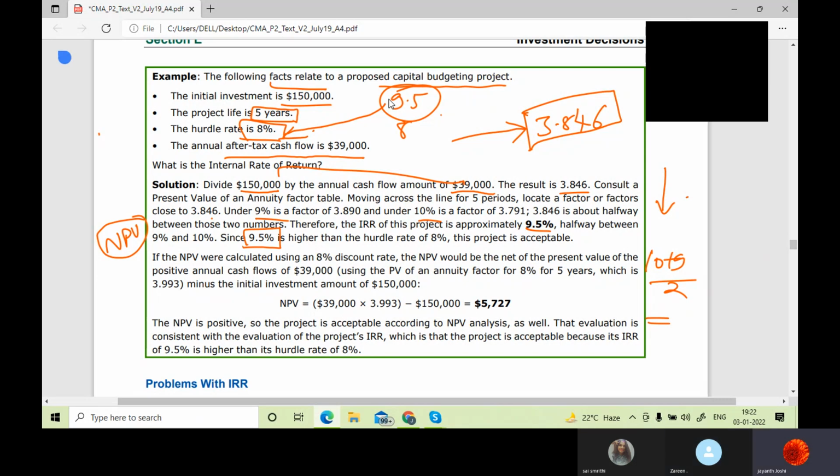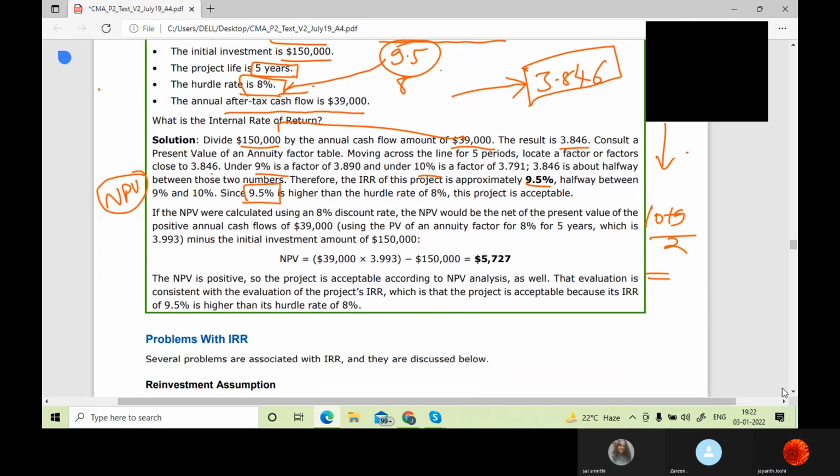Yes. The IRR of the project is nothing but the average of these two rates, a lower rate of 9% and a higher rate of 10%. If the IRR is more than the hurdle rate, accept the project.